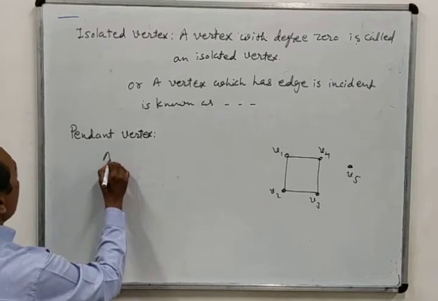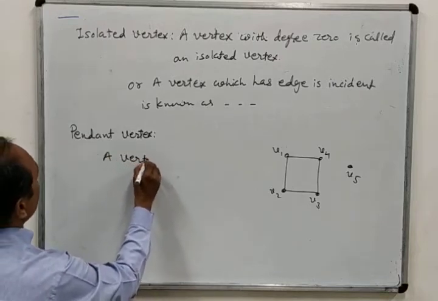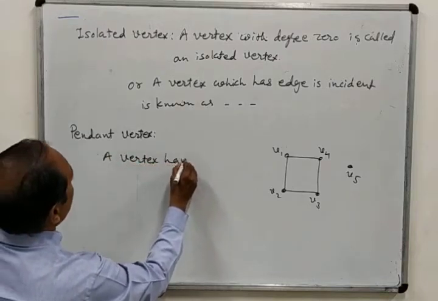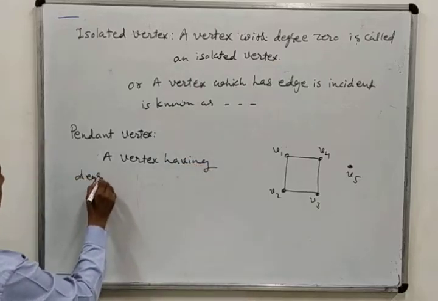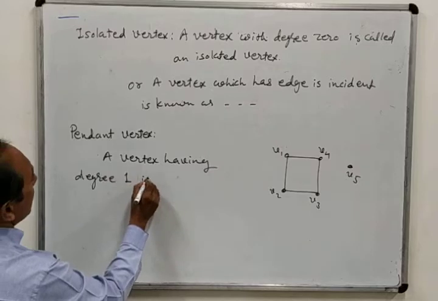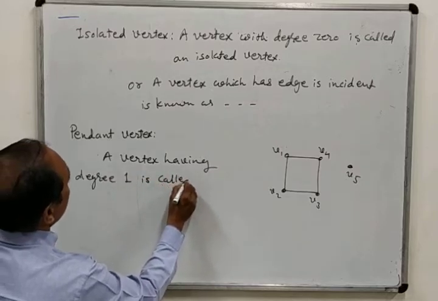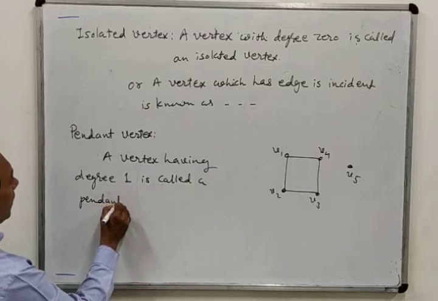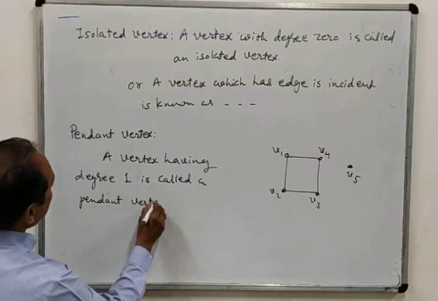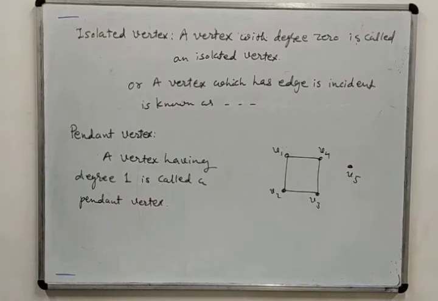That means a vertex having degree 1 is called a pendant vertex. Okay? Pendant vertex. So you must write down this definition also with me. That means a vertex having degree 1 is called a pendant vertex.